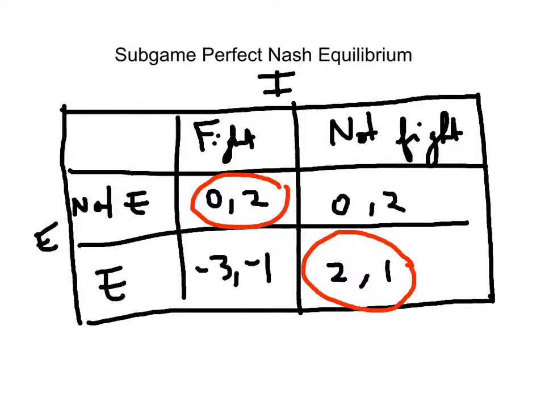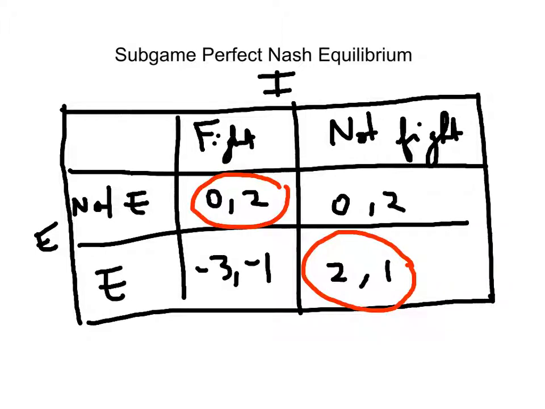But the claim here is that the first Nash equilibrium is actually not a sensible prediction for this game. And the reason is that firm E can anticipate that fighting is not a credible threat, precisely because it results in this negative payoff, right? So you can eliminate certain strategies or actions on the basis that they are not credible, because they would not be rational.